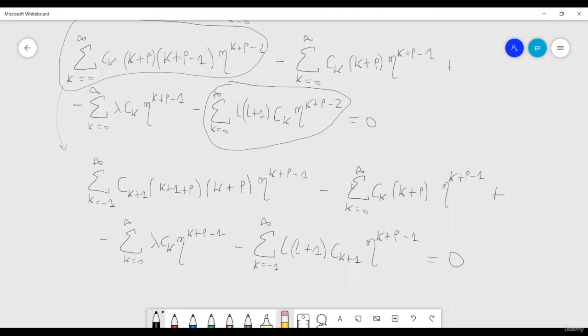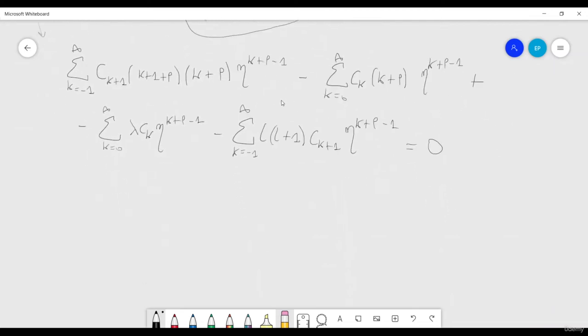And now let me do one more step. So these summations here start from minus 1, okay? So I can rewrite this first summation like this.